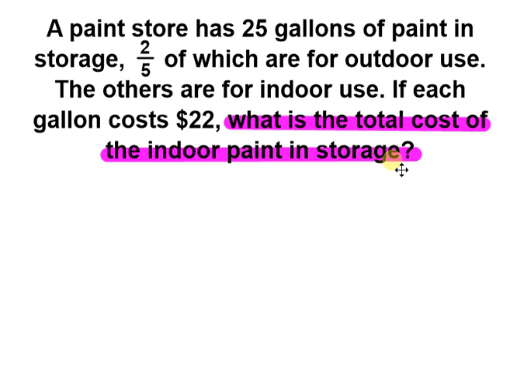Now I need to figure out my operation. So a paint store has 25 gallons of paint in storage, 2/5 of which are for outdoor use. The others are for indoor use. If each gallon costs $22, what is the total cost of indoor paint in storage? So here I have 2/5 of which are for outdoor use.